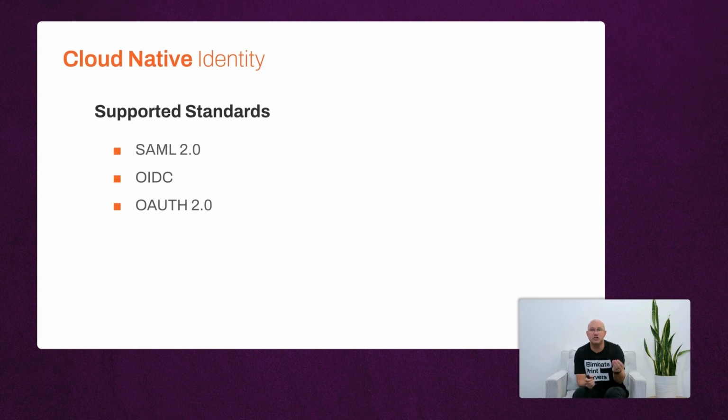OIDC is a future version of that and also builds in additional access points and capabilities. And then OAuth2 is the basis of making sure that that communication is absolutely secure. Every application that you want to bring under the umbrella of SSO and zero trust, delivering on that identity portion, needs to respect these things and needs to be able to connect together.